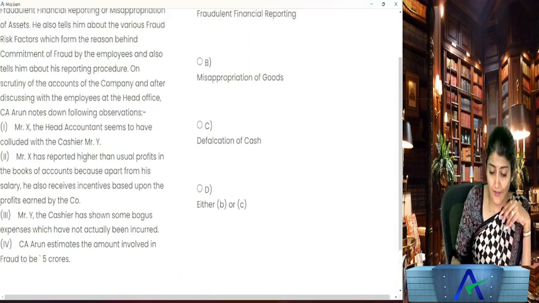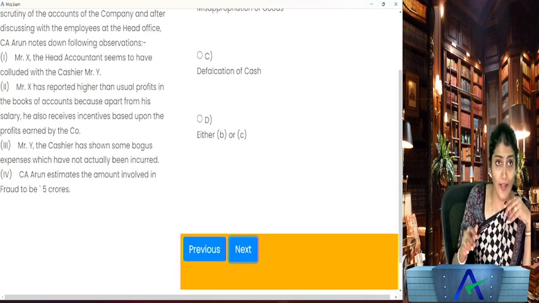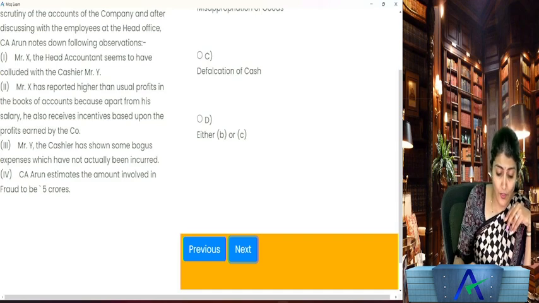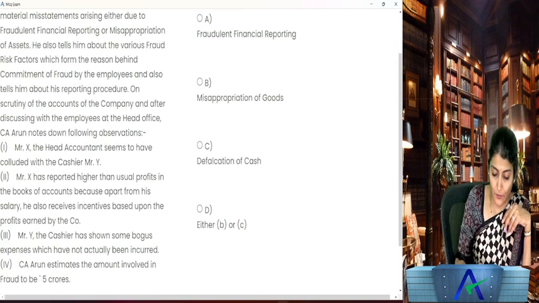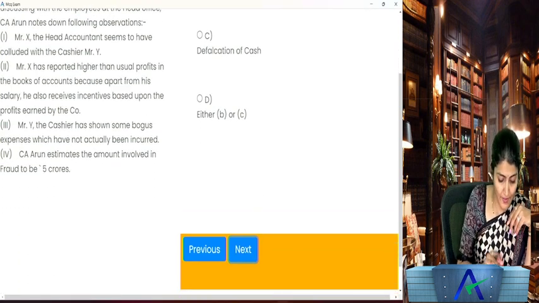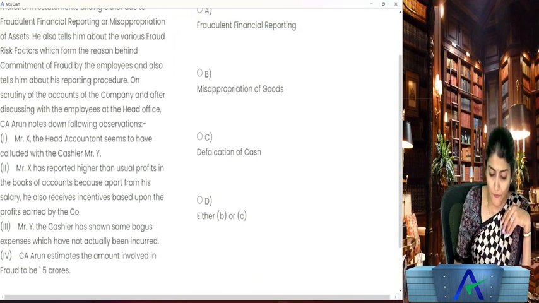So obviously in that case he has done fraudulent financial reporting. Then the cashier has shown some bogus expenses which have not actually been incurred. So what is he doing? He is doing the defalcation of the cash, and CA Arun estimates the amount involved in the fraud to be 5 crore.